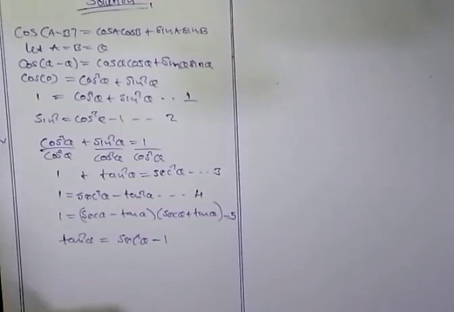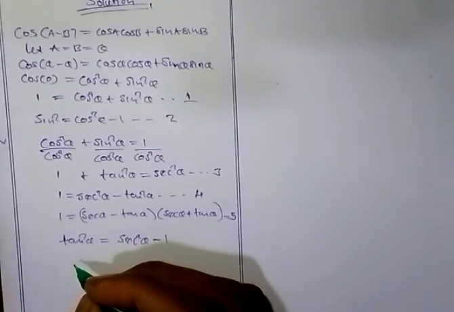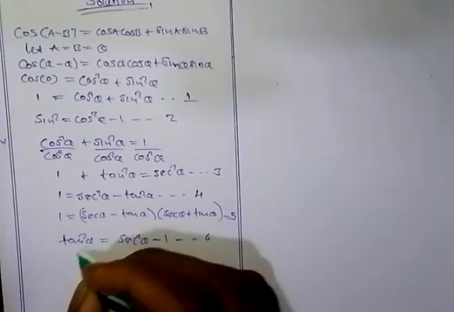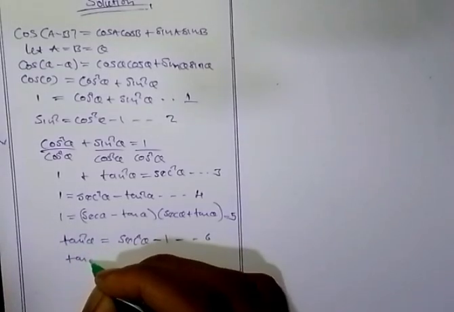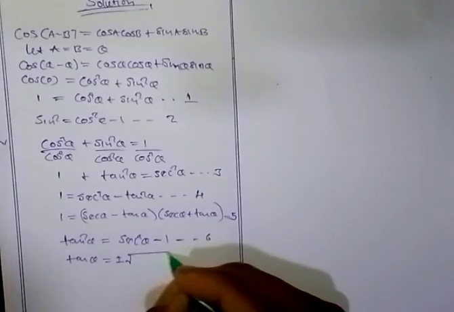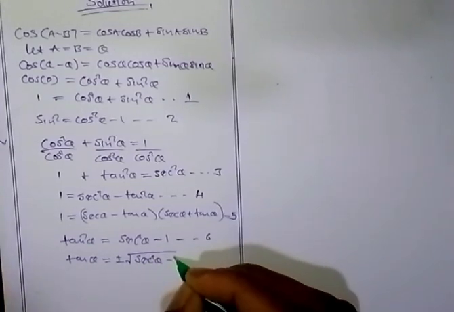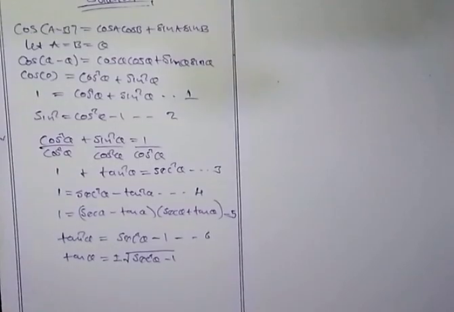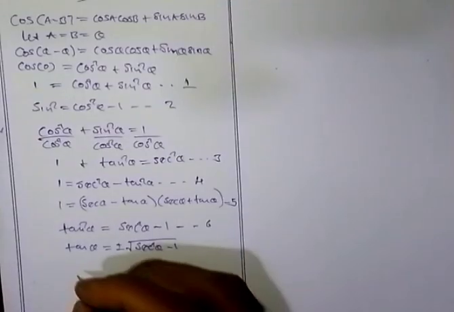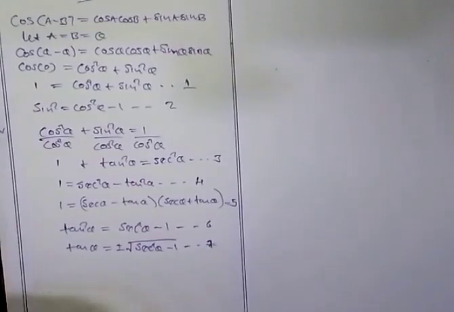Right, so since tan this side is squared, we are going to square root both sides, and so we are going to get, actually this one will be our equation number 6. Then we are going to have tan theta is equal to plus or minus the square root of sec square theta minus 1. This is our equation number 7.